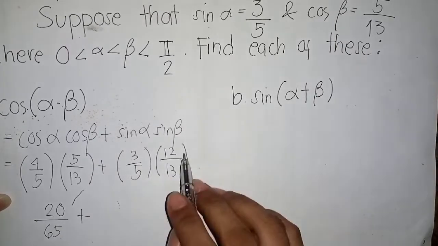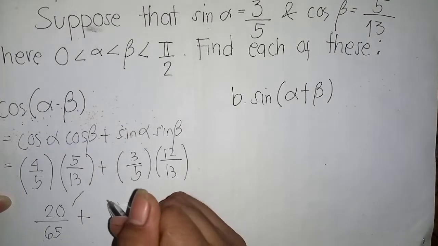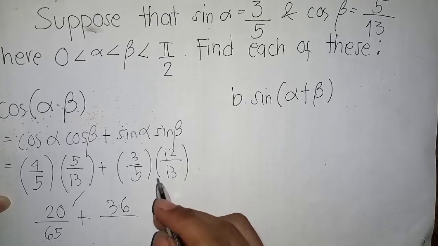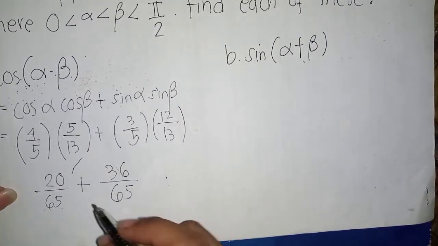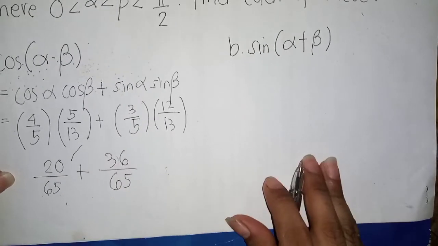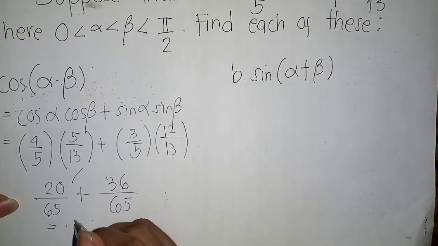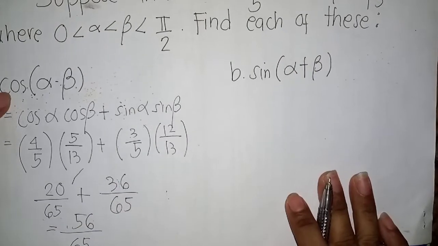Plus 3 times 12 is equal to 36 over 5 times 13 is equal to 65. Then, combine the denominator. So, 20 plus 36 is equal to 56/65. So, nakita na nato ang cosine.